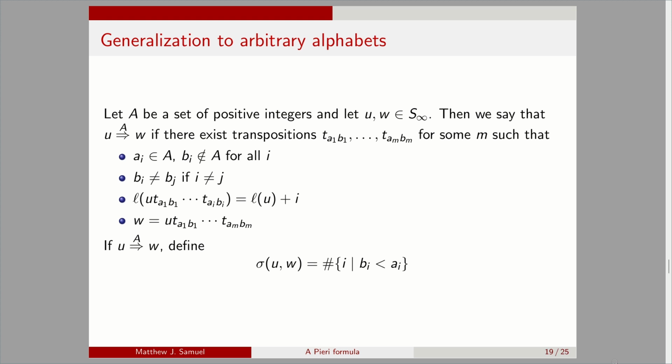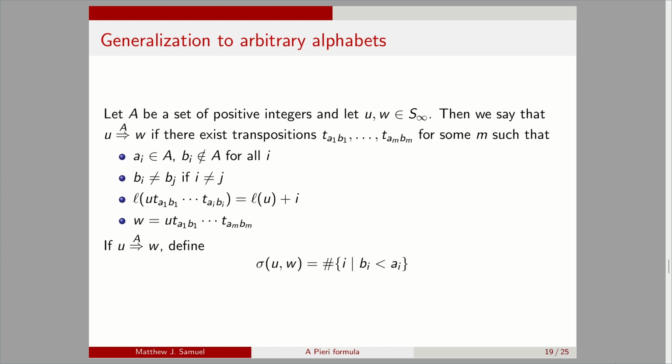So we can generalize the Pieri formula for factorial complete symmetric polynomials to arbitrary alphabets of x variables. We'll let A be any set of positive integers, and let u and w be in S infinity.